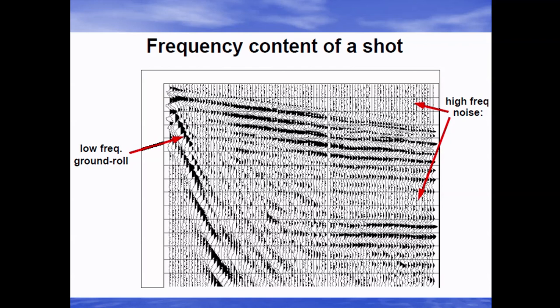And here you can see the frequency content of the shot. Here is a low frequency, you see the seismic waves, but the amplitude is quite high, and normally the noise is a very high frequency noise. Here you can see the vehicles are very close.